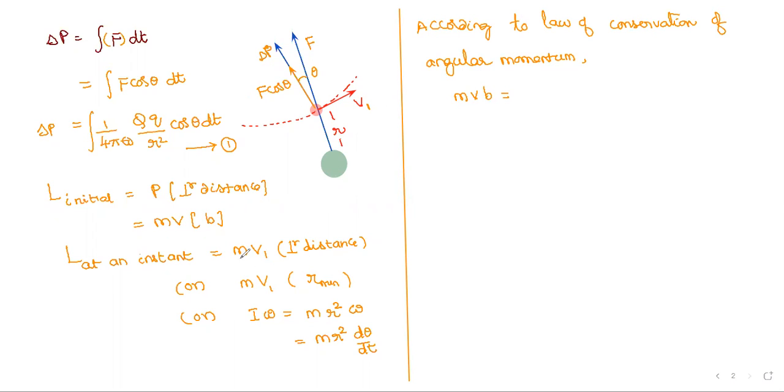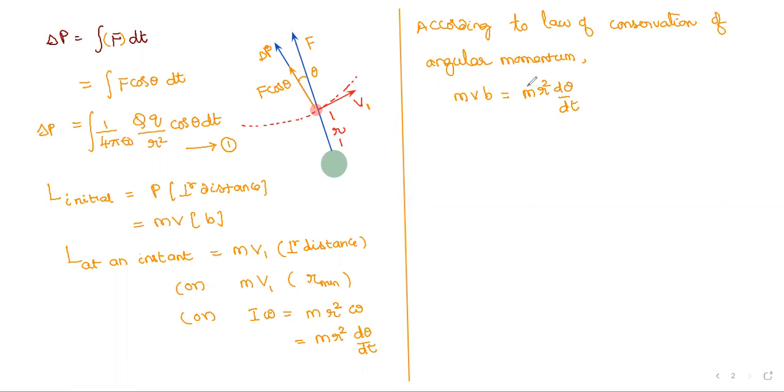Later I tried to use the other form, and this is not useful. Why? Because by taking v1 and r, those two make some angle, and it is very complicated. So I'm not going with this one. Better here, I'm going to use m r square into d theta by dt, particularly to eliminate r square and dt here, and incorporate d theta there, which is very easy to integrate. That's why I'm going to the third one, that is m r square into d theta by dt.